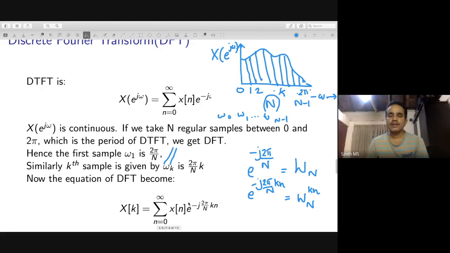This equation can also be written as the sum of x[n] W_N^{kn}, where n varies from 0 to N minus 1. So this is the equation for the discrete Fourier transform.